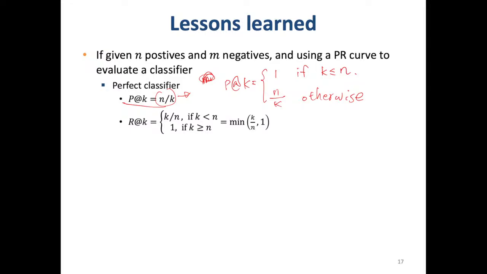Let's look at an example. If I have 3 positives and 7 negatives, and a perfect classifier, then I would have 3 ones and 7 zeros. If I cut the threshold here, precision is 1.